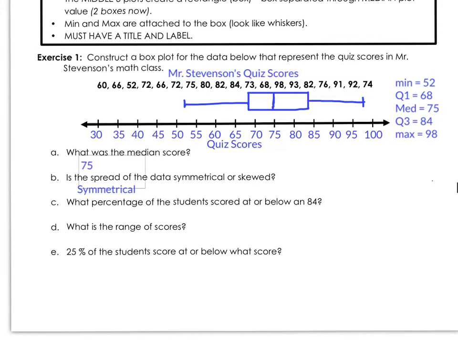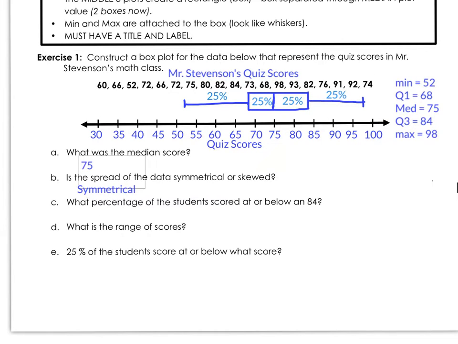Q1, if you remember from the last video, is our lower quartile, and Q3 is our upper quartile. So that also cuts the data in half. That means that this box plot perfectly separates the data into 25% chunks. This is 25%, this is 25%, this is 25%, and this is 25%.